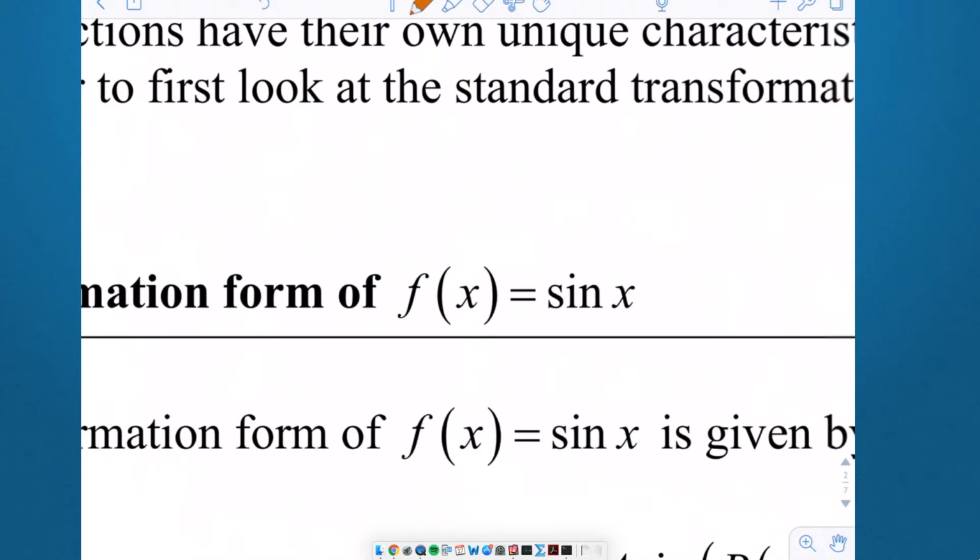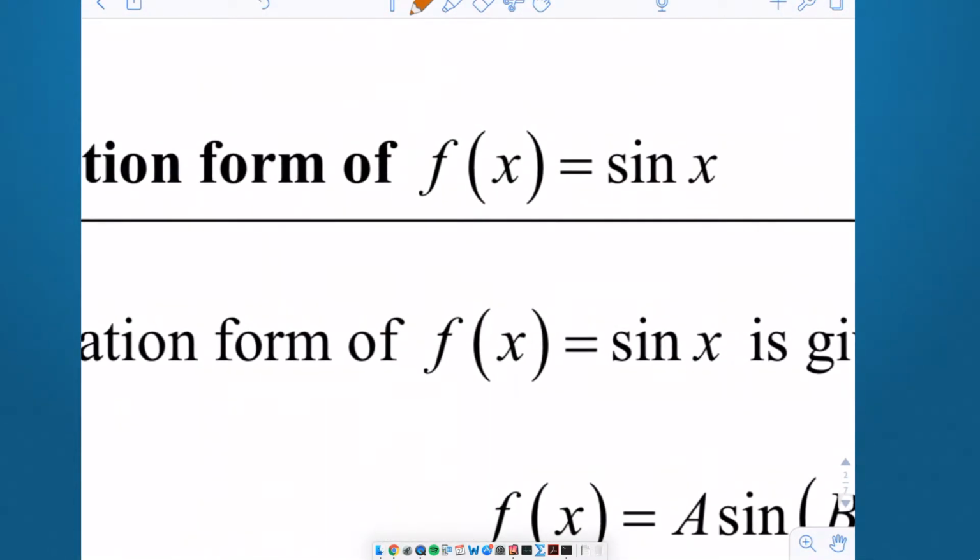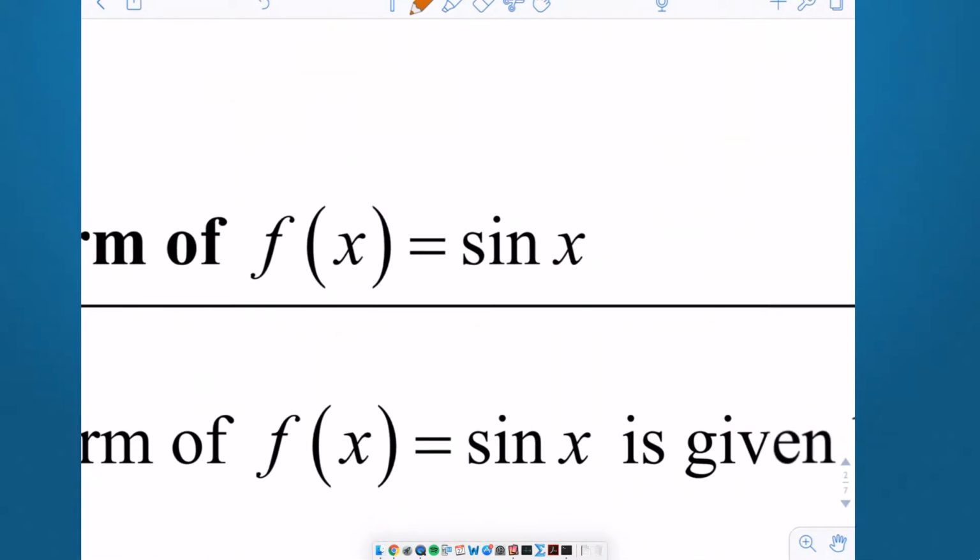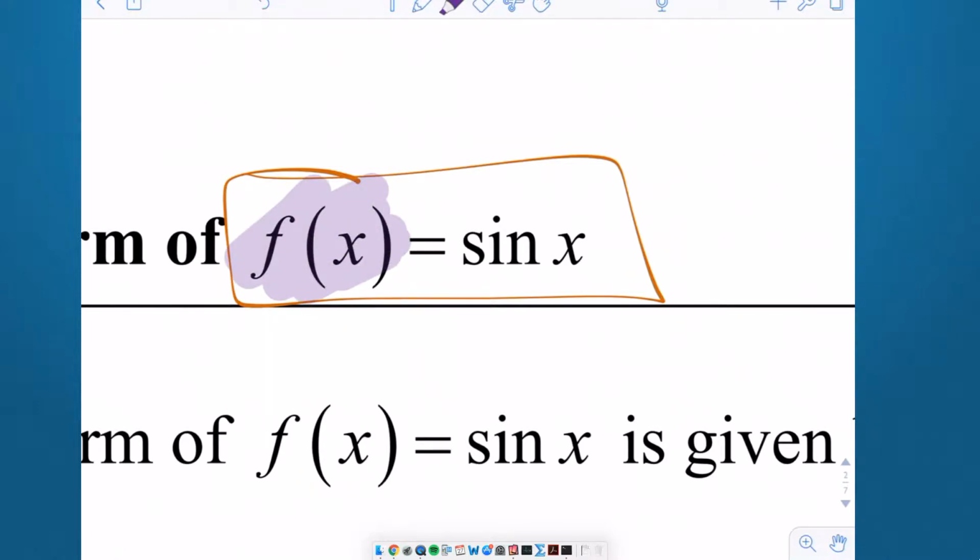So let's go ahead and look at the standard transformation form of sine of x. Now, first thing, notice that it's in function form now. It's f of x. So it's a function. We have an independent variable and a dependent variable. The independent variable for functions, we typically use x.